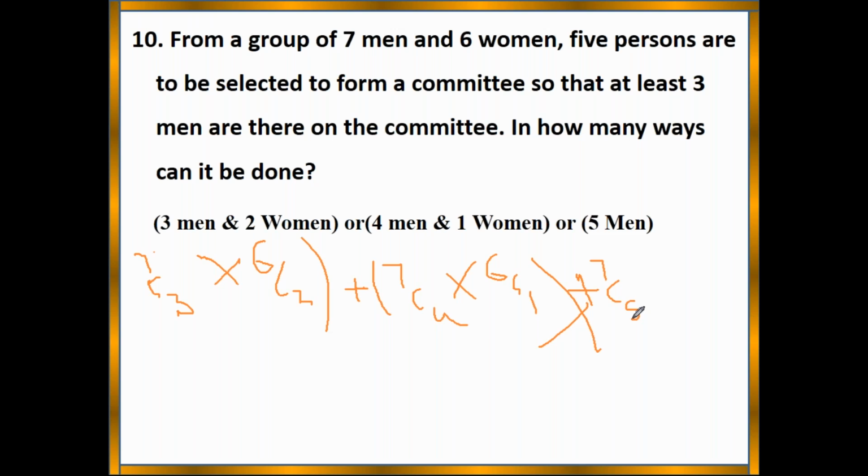So what is the value of 7C3? 35. 6C2 means 15. 35 into 15.